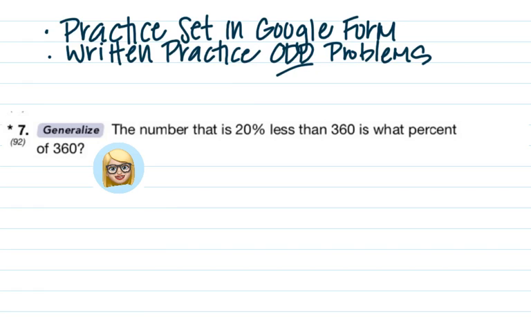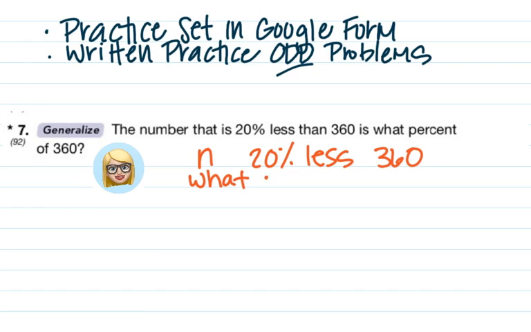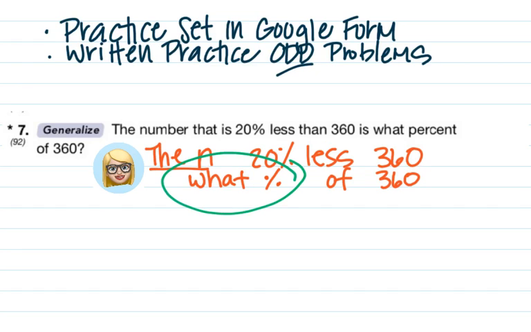It says the number that is 20% less than 360 is what percent of 360? Well, they're not saying what number, they're saying the number. They're asking for what percent.